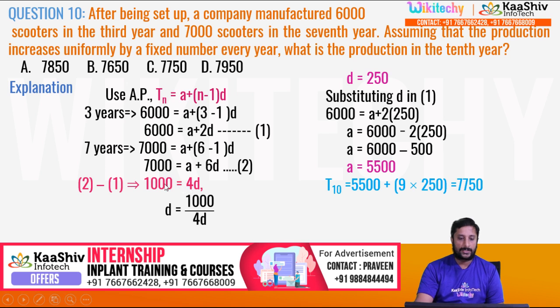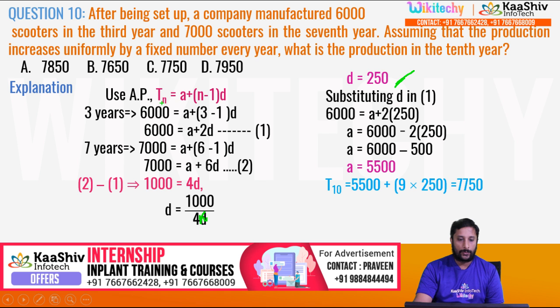I got 4d is equal to 1000. So d is equal to 1000 divided by 4. Sorry, this d is not here, so it's a mistake. 1000 divided by 4, you got the answer 250.